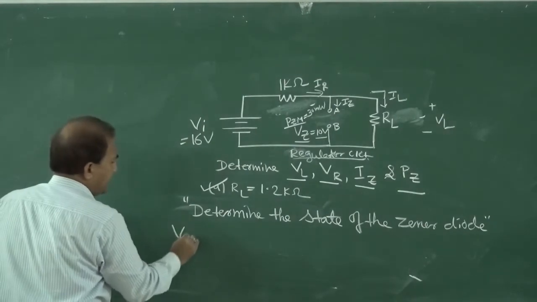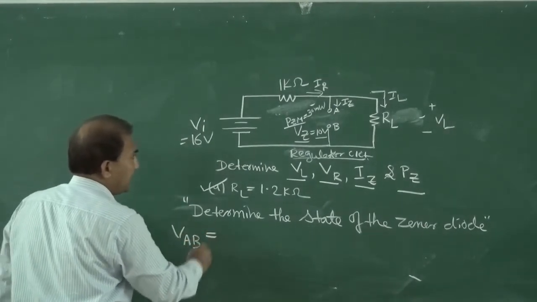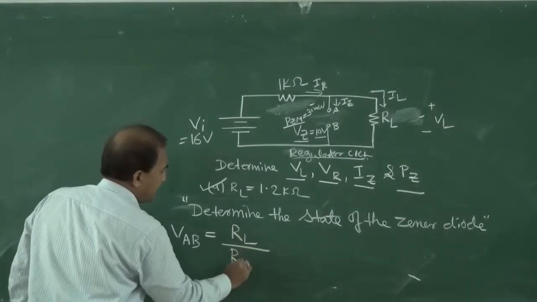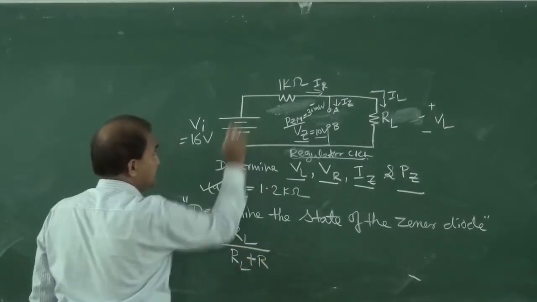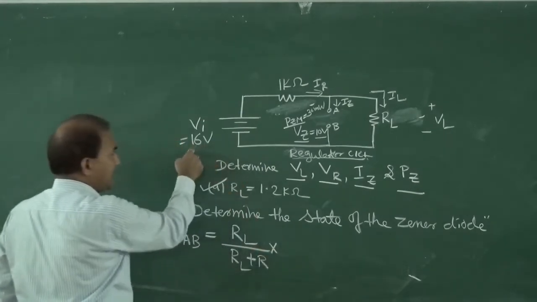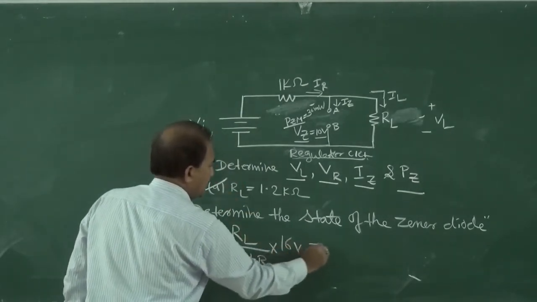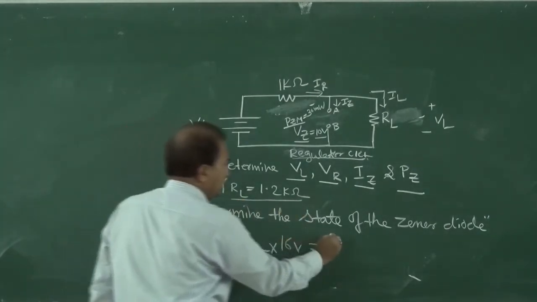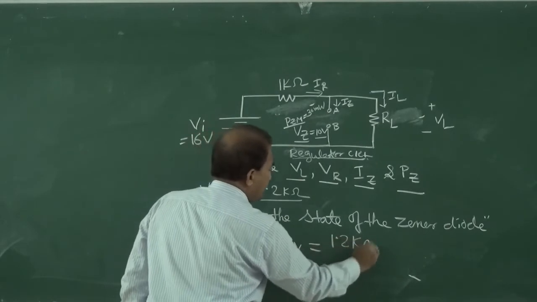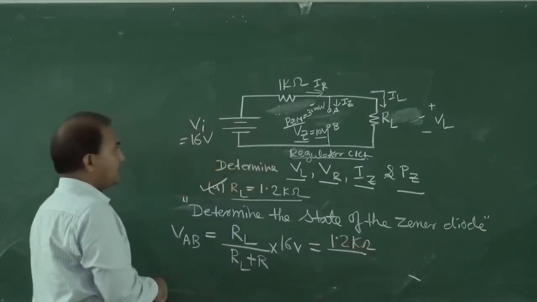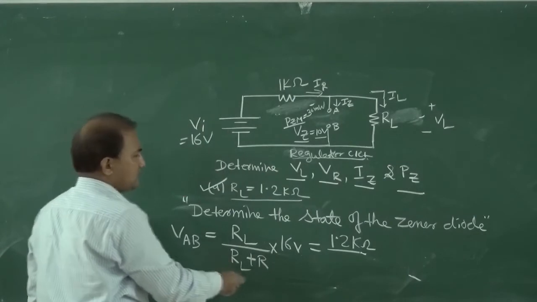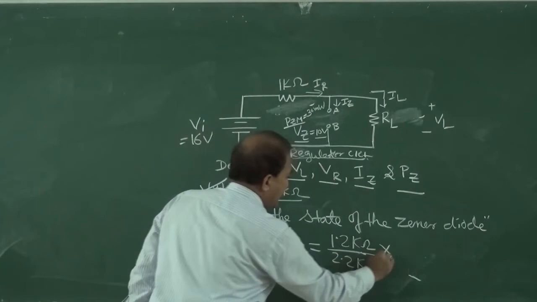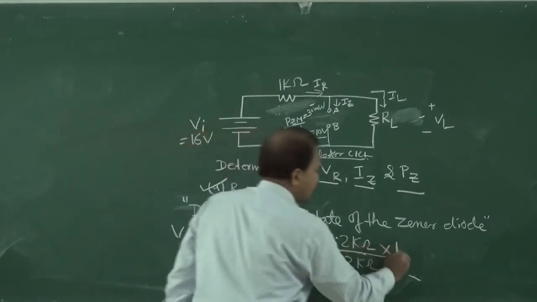So VAB, how can it be calculated? It is equal to RL divided by RL plus this series resistor, into VI, that is 16 volt. So in this case, RL is 1.2 kilo ohm, divided by 1.2 plus 1, that is 2.2 kilo ohm, multiplied with 16 volt.